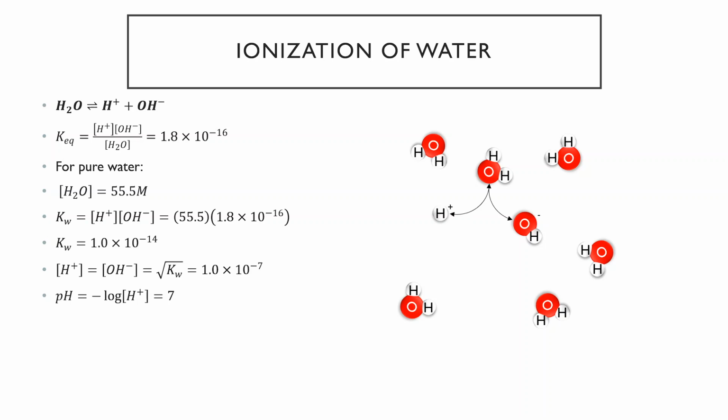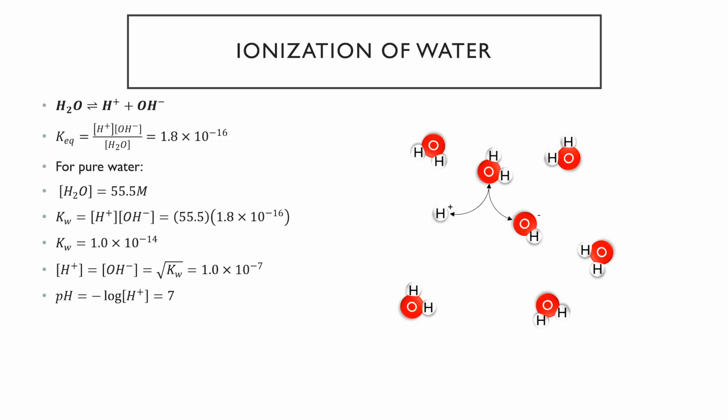That is a property of lots of molecules, and in fact, molecules that give up protons we call acids, and molecules that either take up protons or produce hydroxide ions we call bases. So water, in a way, is both an acid and a base at the same time. But it only carries out this reaction at a very small rate.